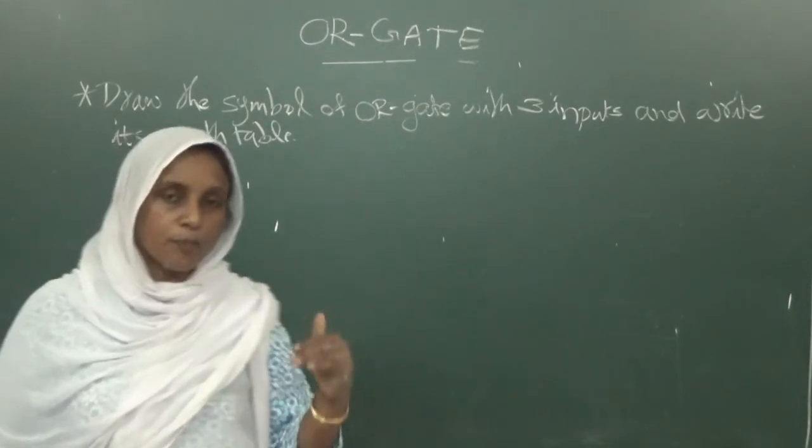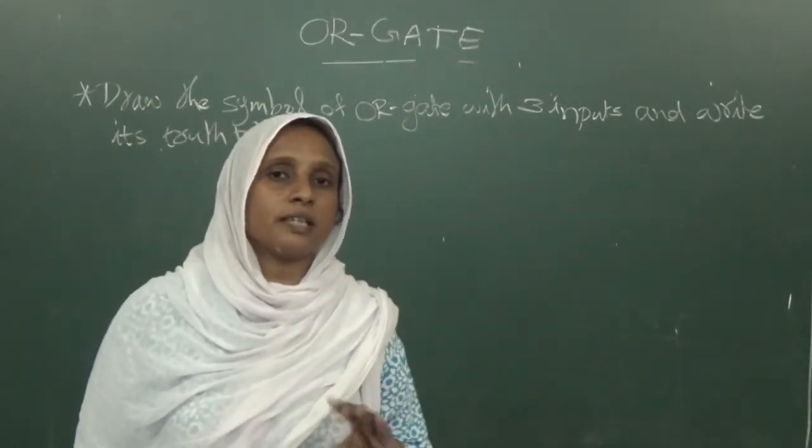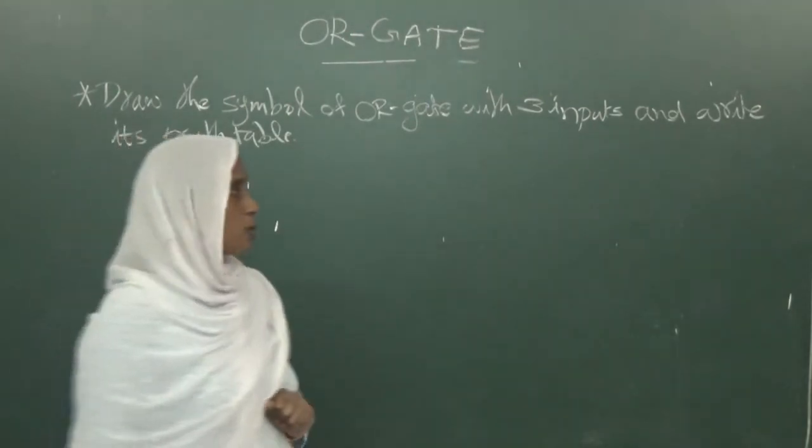Okay, with the three inputs, draw its OR gate and its truth table. Okay, symbol and its truth table.